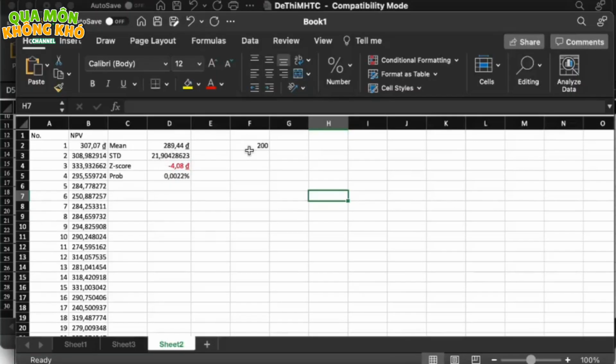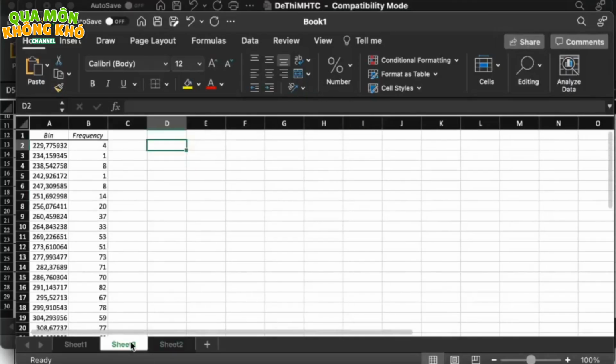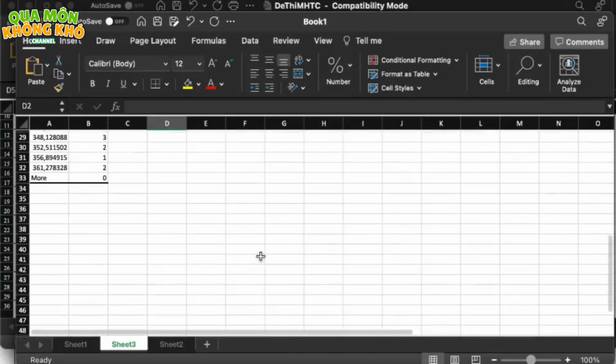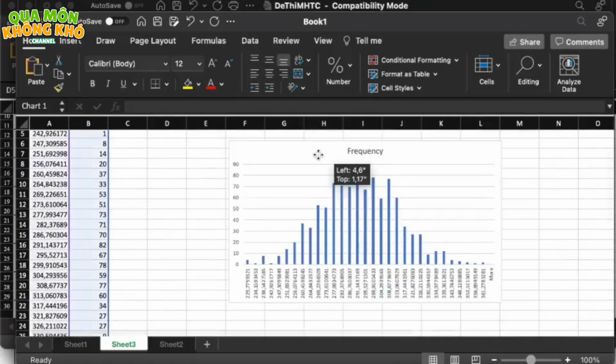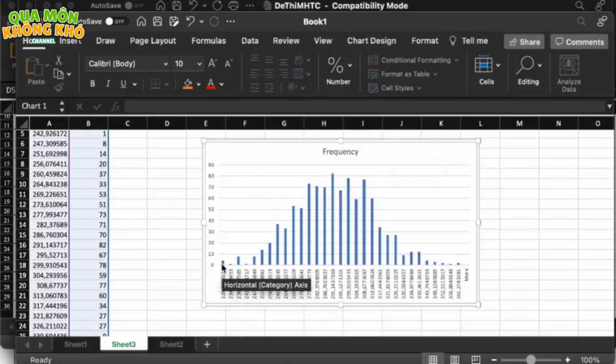So comparing with 200, you can see in this chart the very small value of our MPV is 229. So it's a very tiny probability that the MPV is below 200.